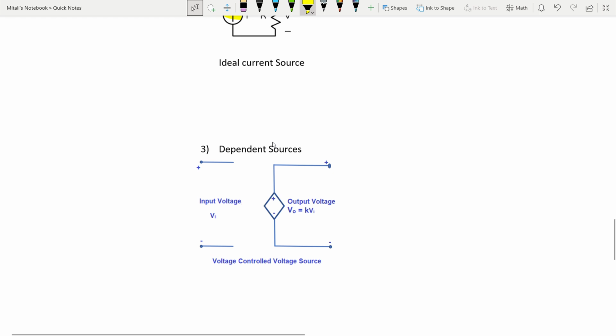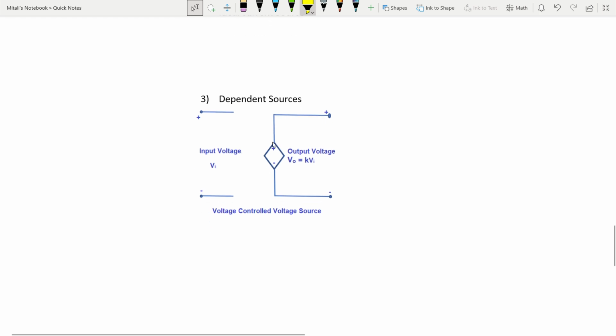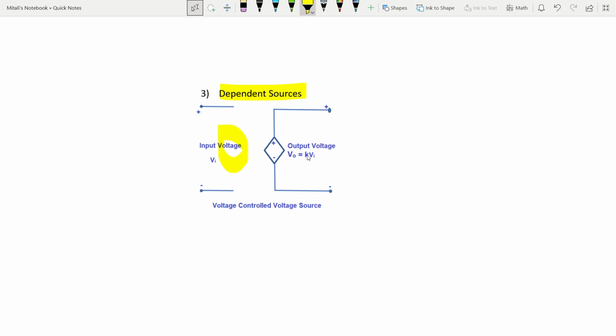Now we come to our last point of today's discussion, which is dependent sources. Dependent sources are controlled by another voltage or current in the circuit. There are four types of controlled sources.